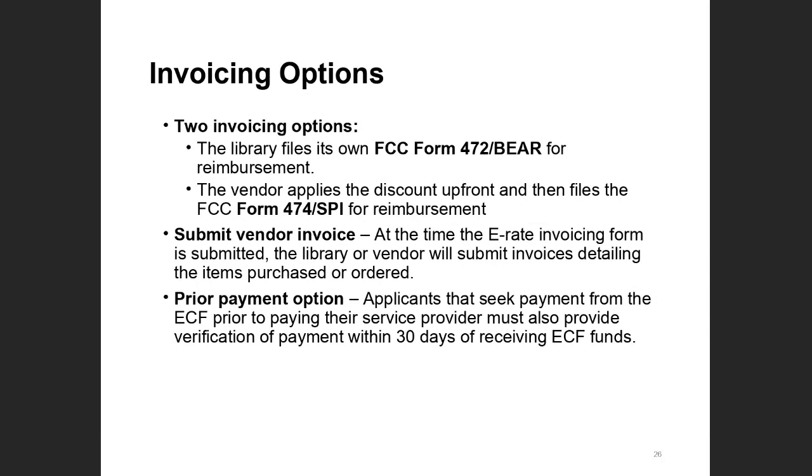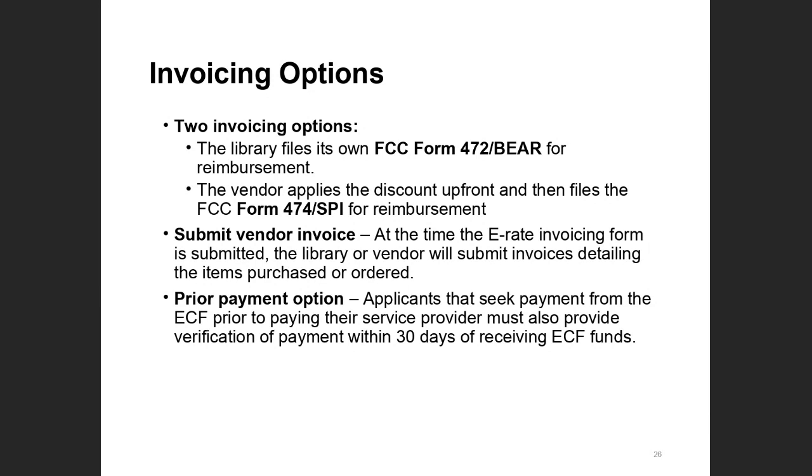So back to invoicing. You've got your two options, the BEAR form or the SPI form. Now, one requirement that's a little bit different is that at the time that an ECF invoicing form is filed, whether it's the BEAR or the SPI form, you have to submit a copy of the vendor's invoice where it shows the line items with the eligible services or equipment that you purchased.